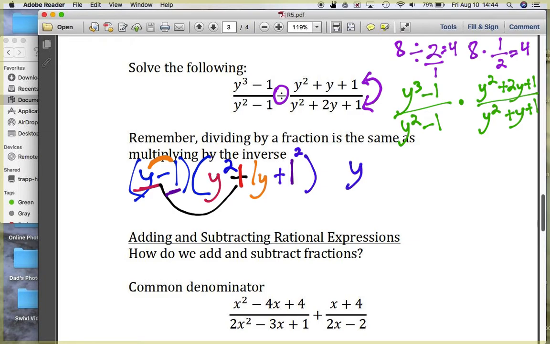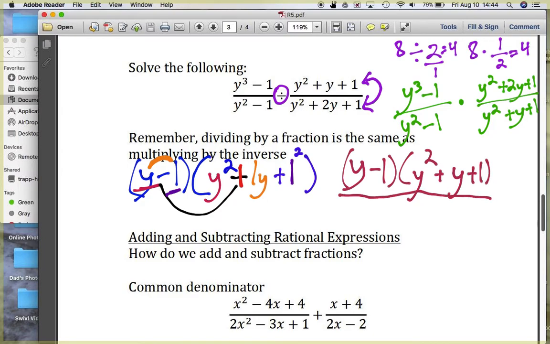You would just write the y minus, I'm going to change colors here. Let's go pinkish reddish. The y minus 1, and then the y squared plus y plus 1. Then on bottom, notice these are both squares again, right?